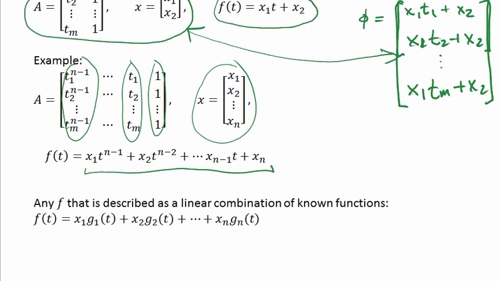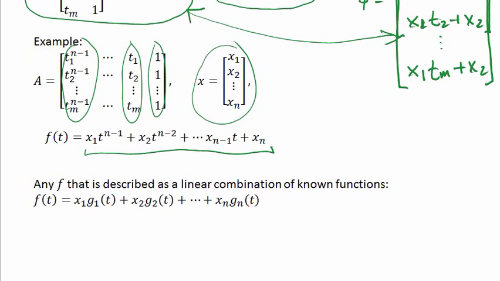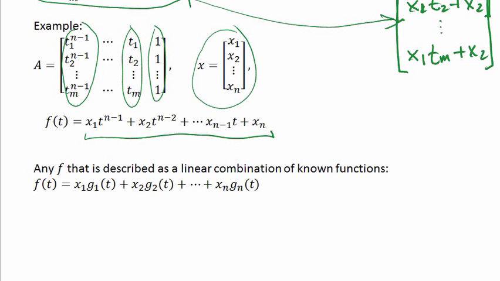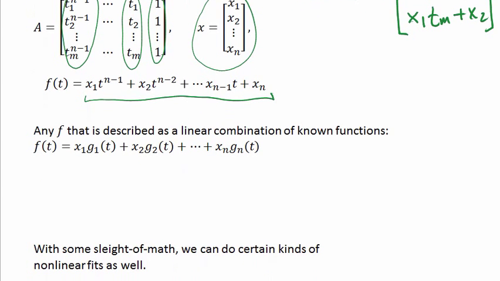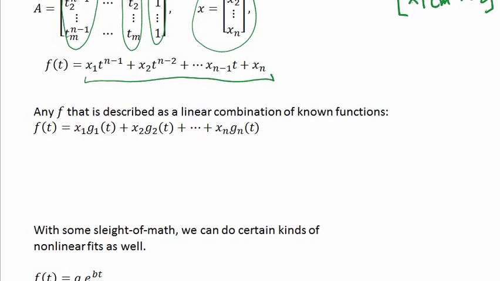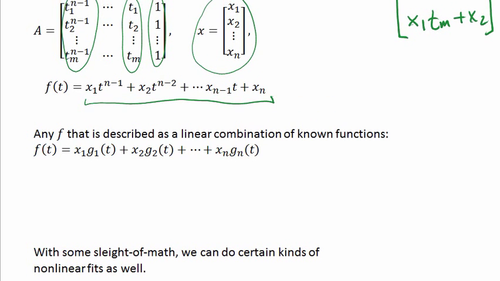And in fact, polynomials are one of the most important cases, but the only thing that we really care about is a linear combination structure, right? All we really need is to have f be a linear combination of known functions, okay? These functions may be nonlinear functions of t.